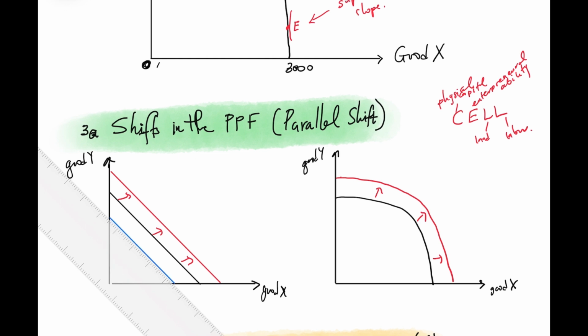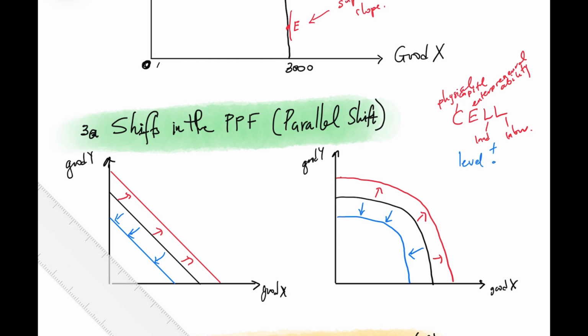An inward shift will look like that, where the black is shifting towards the origin. And in case of the bowed-out PPF, we are going to get one like that. Parallel shifts. And this is due to changes in our factors of production and in our level of technology. Okay.